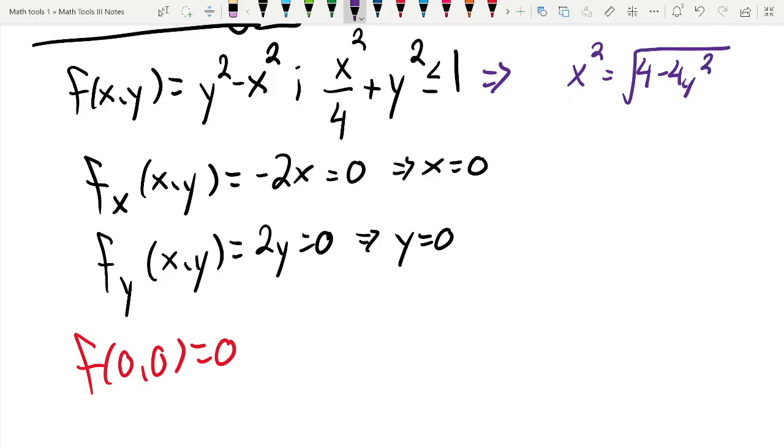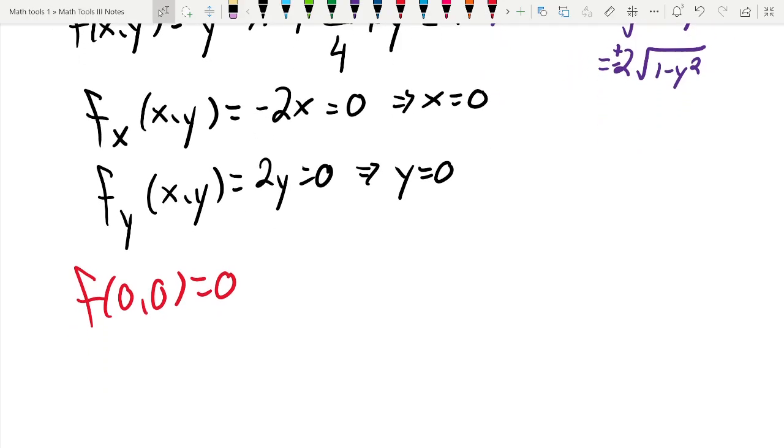Because you're going to have 1 minus y squared, multiply it by 4, and then take the square root, which you could simplify to 2 root 1 minus y squared, right? And it should be plus or minus here as well. And it should say x, not x squared. So plus or minus 2 root 1 minus y squared.